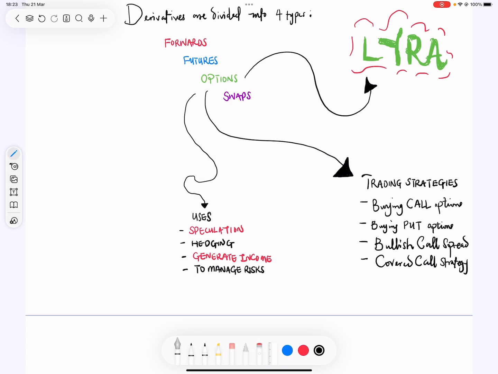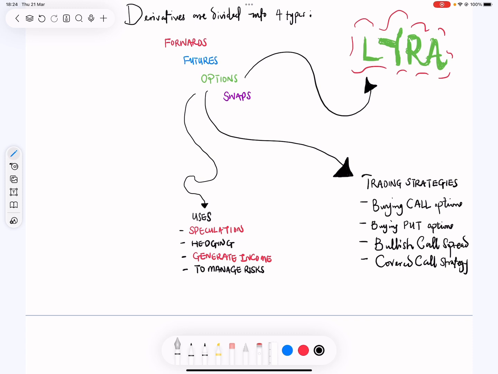So if we define it using the example I've given, a call option gives the buyer the right to buy ETH at a strike price before a specified date. So before the date, I should have made a profit on ETH going to 4,000.